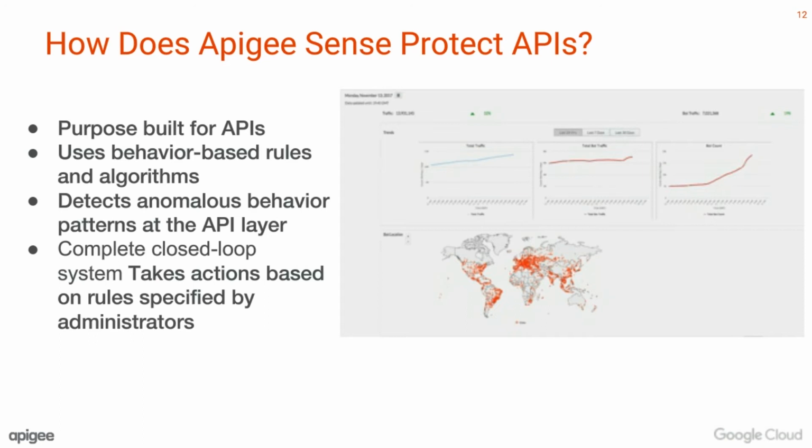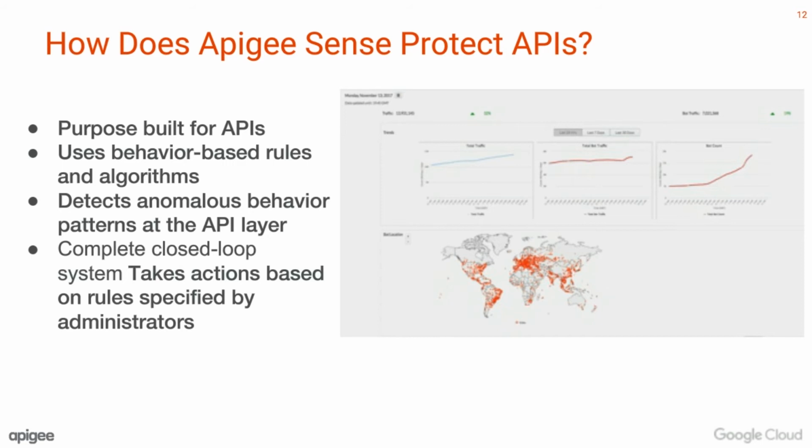Of course, we alert, but we offer really flexible, automated ways to remediate the traffic, and I'll dig into that in a minute. What you're seeing in this image is a threat map from Apigee Sense. I'm going to show you a demo later, so I won't dive into it here.